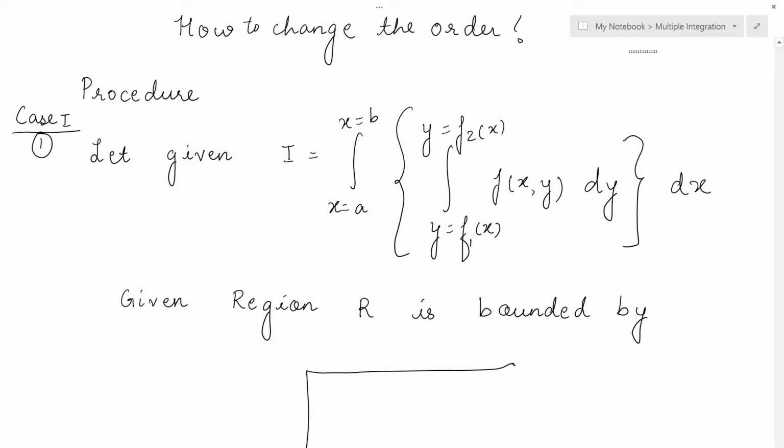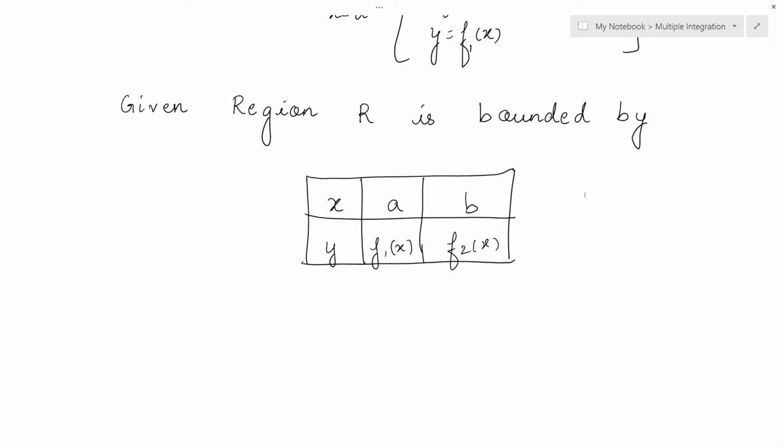Let us check the limits that are given in the question. The x limits are a and b. The y limits will be f1(x) and f2(x). So we have to draw all these 4 curves.